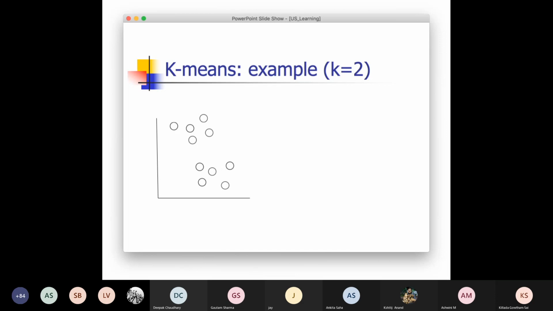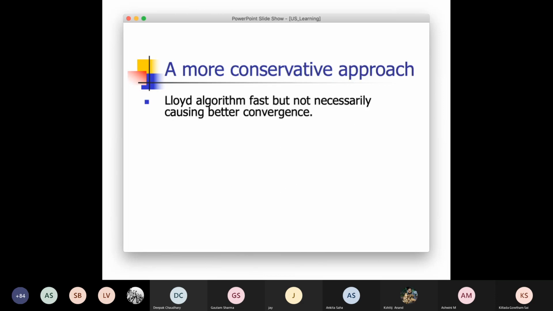I have already explained it, so I don't think I have to describe it again. These are all shown with colors. The centers are shown here with triangles, and the colors show each partition. You update centers, and now this becomes a new iteration. Once again, you do the same task: compute those partitions, update centers, and go on doing these things till you find that not much update is taking place.